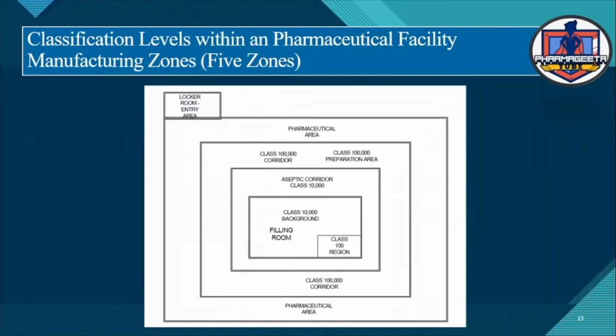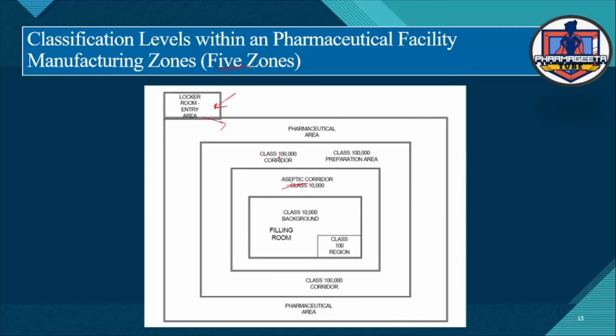So this slide refers to the classification levels within a pharmaceutical manufacturing zone. It is classified into 5 zones, namely you can see when we are entering through the locker room or the entry room. Next to that will be the clean room before entering the pharmaceutical area or before crossing the corridor, or particularly you can say the aseptic corridor.